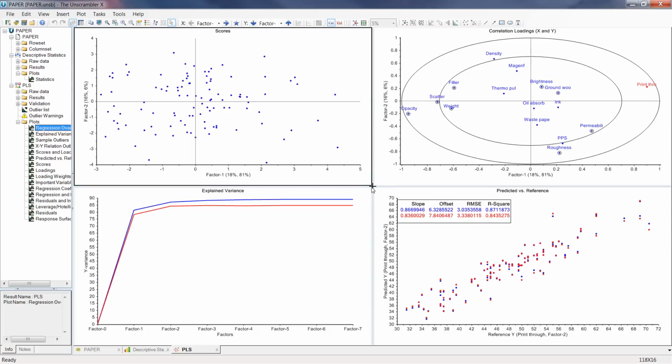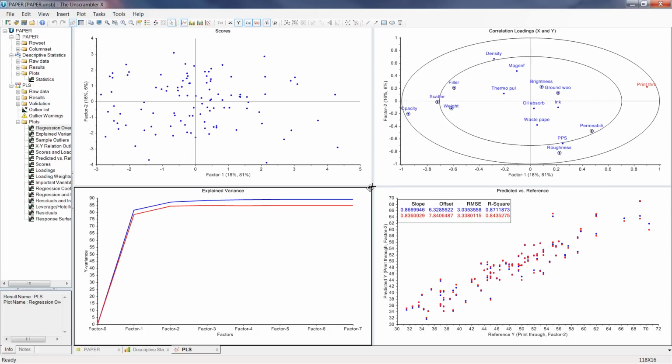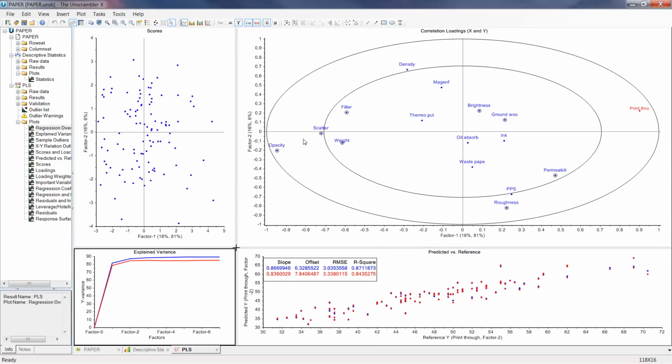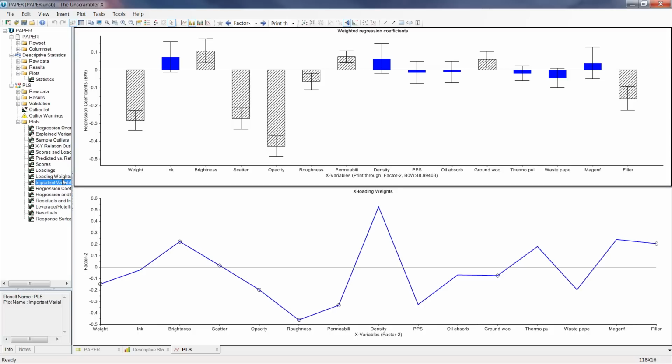So what I did too is I did an uncertainty test. I forgot to point that out. But what that does is it helps show what the important factors are. And we have that. The important variables. The uncertainty looks at how the variables change in relation to your Y value.